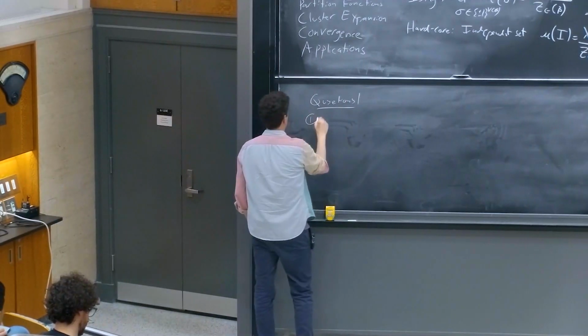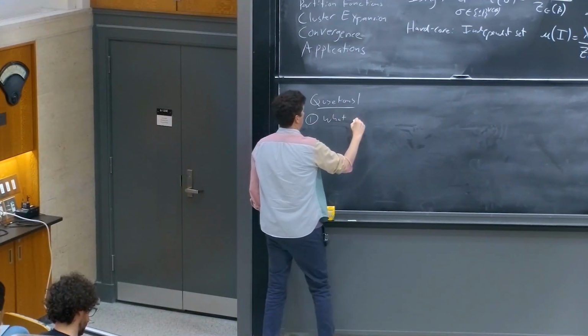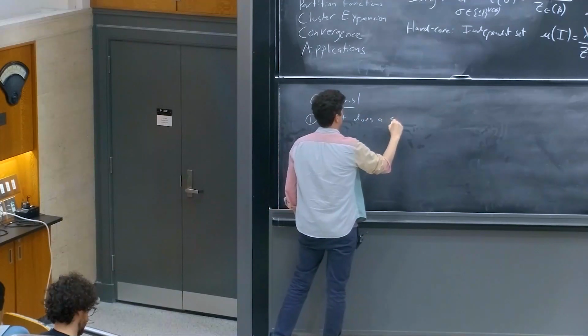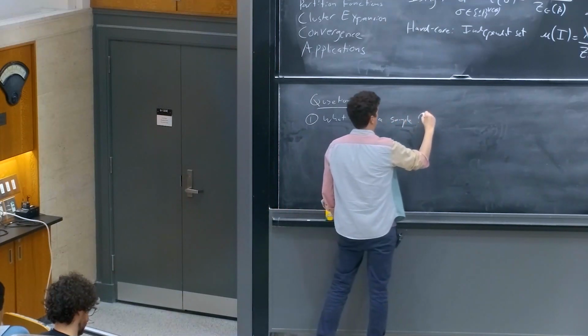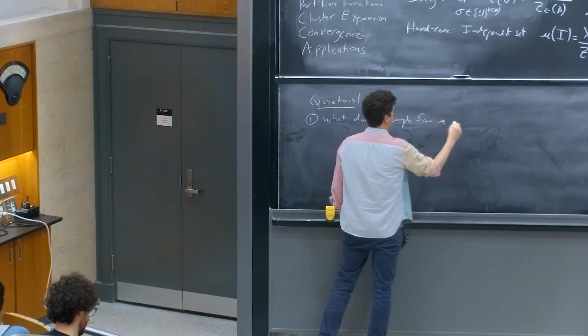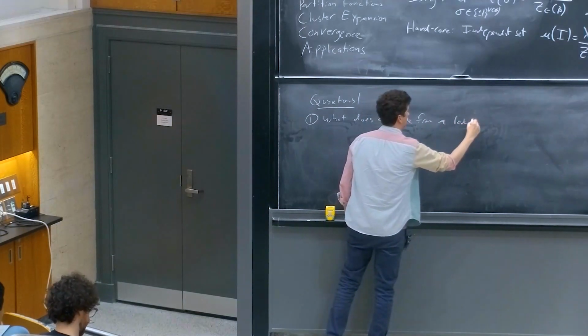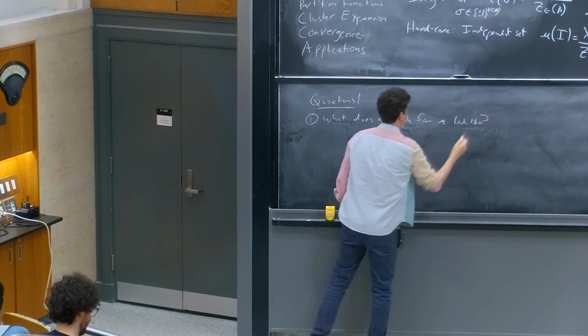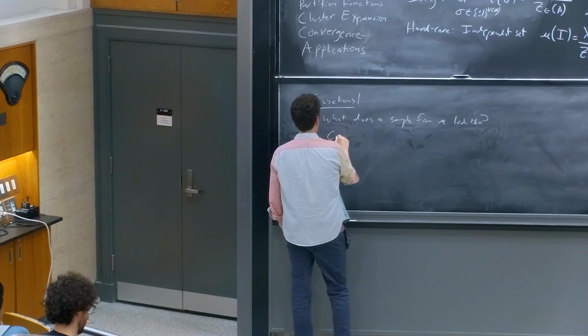So one question is, what does a sample from mu look like? Can we sample efficiently?